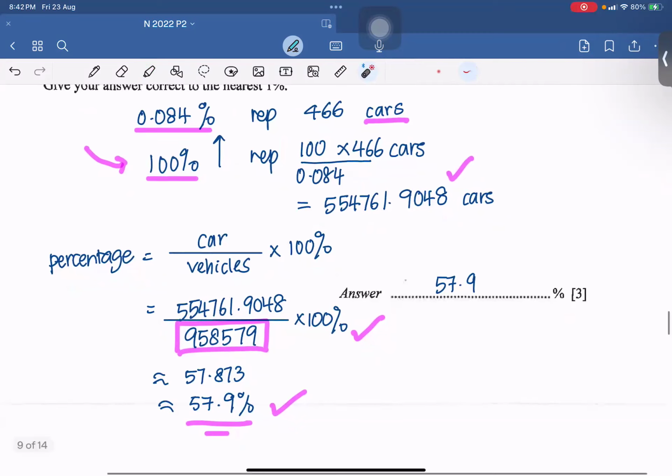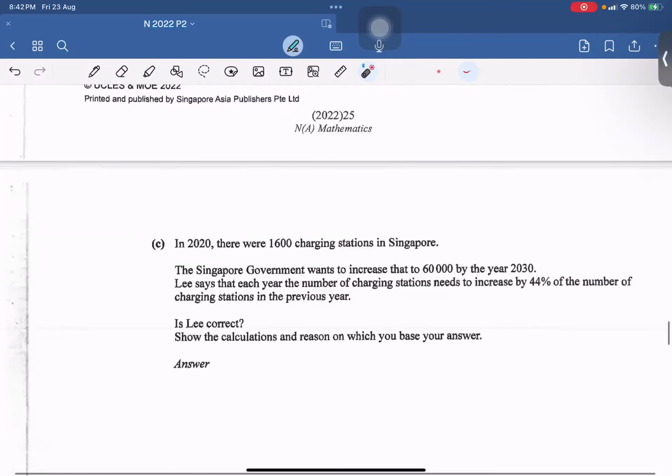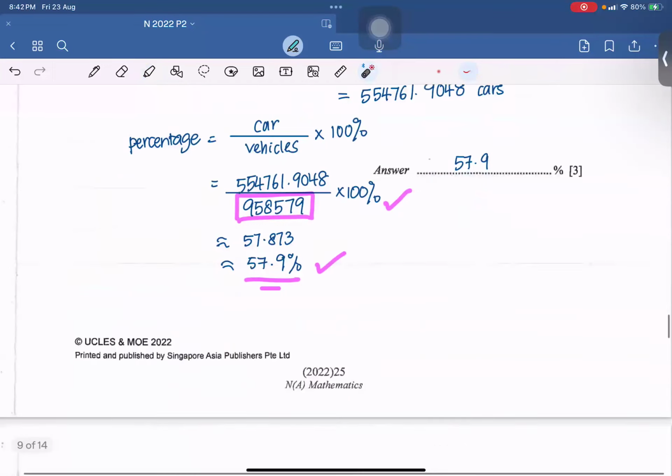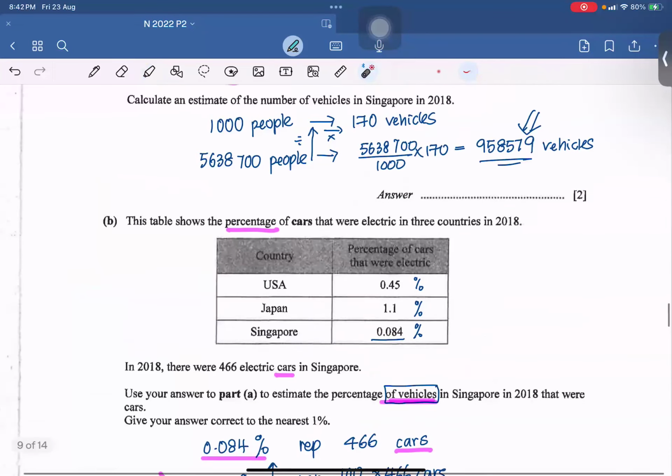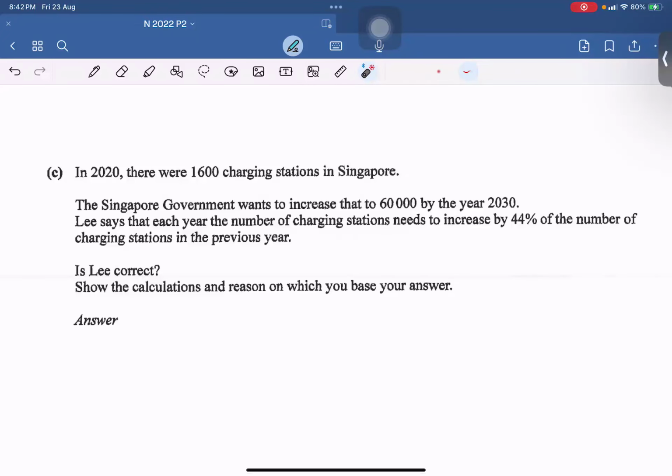Okay? Next part. In 2020, alamak, where got 2020 data? No 2020 data. Okay, in 2020, there were 160 charging stations. The Singapore government wants to increase that, meaning increase from 1,600 to 60,000 by the year 2030.